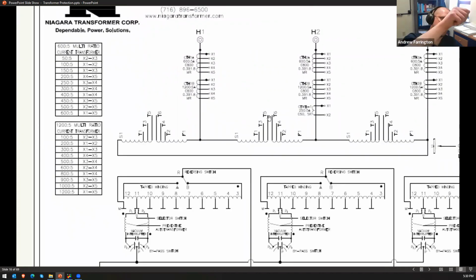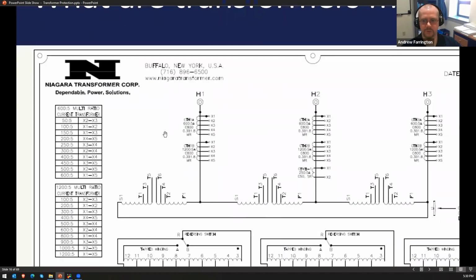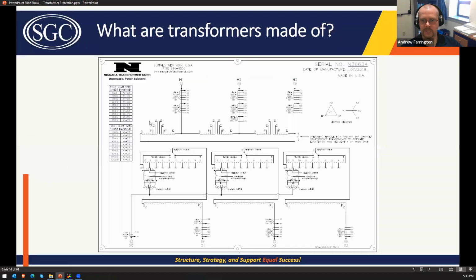I've got a picture of it, but it's like a bar that you physically move, and it changes these taps to give you your different no load tap changer positions. But that's what the no load tap changer looks like on your nameplate.